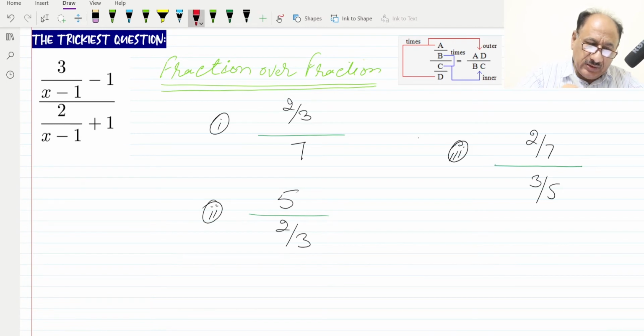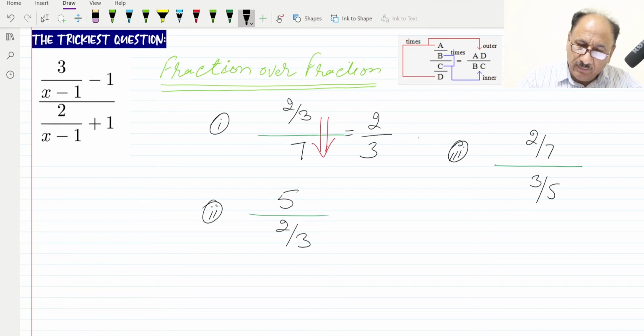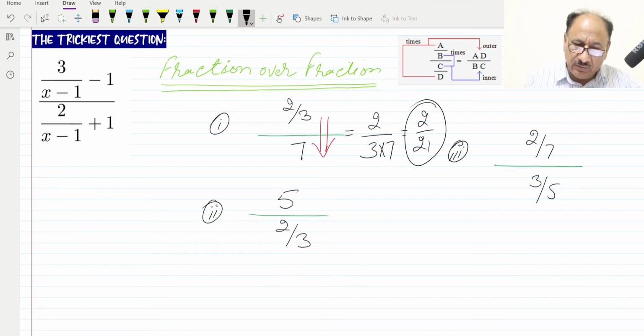In the first case, we will be pulling down the fraction which is there in the numerator. So we will write 2 over 3 and multiply by 7, which is equal to 2 over 21. This will be the solution for this type of fraction. Now if we have a fraction in the denominator, we will write the reciprocal.